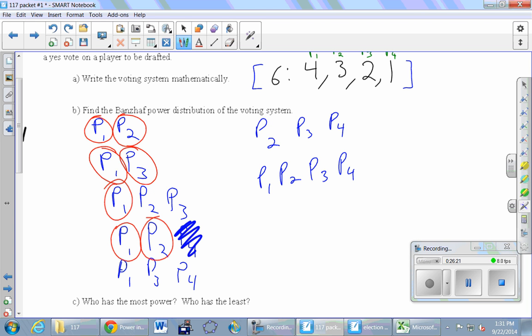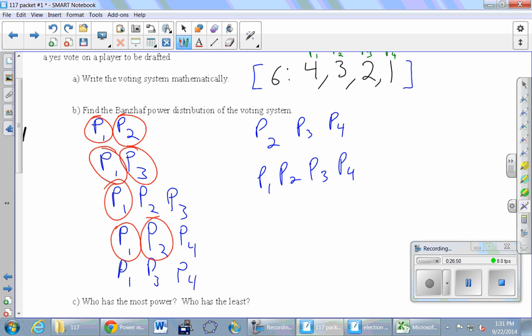P1 with P2, is it listed as a winning coalition? It is. So that means that P4 wasn't needed there. But if we had done this, P1, P4 isn't listed, which means it's not winning, right? You have a complete list of all the winning coalitions. So you can kind of remove yourself from a lot of the little nitpicky arithmetic if you look at your list and understand what it represents.